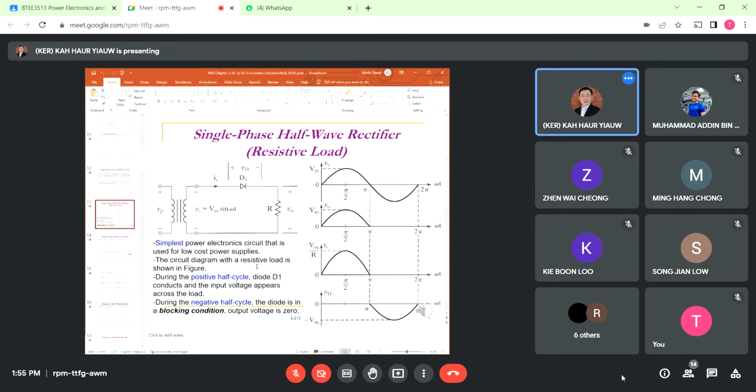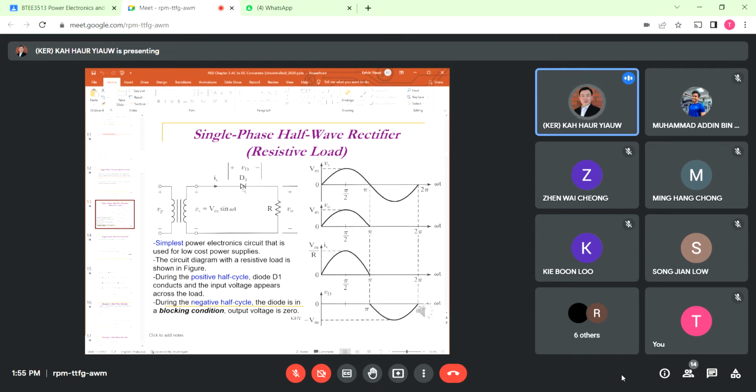What happens when I measure the voltage across the diode D1 during the positive cycle? If I place my probe positive here and negative here, do I measure anything? We measure nothing, because during this half cycle from 0 to pi, the current is flowing through.